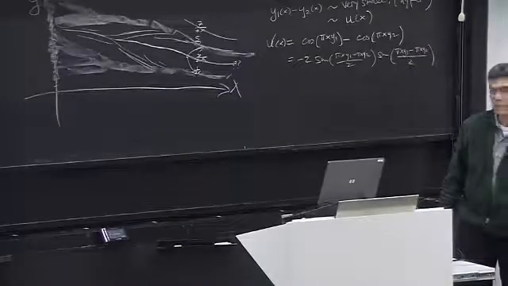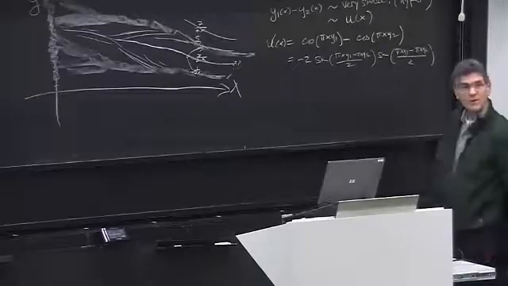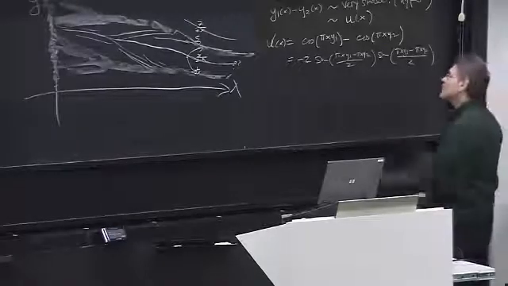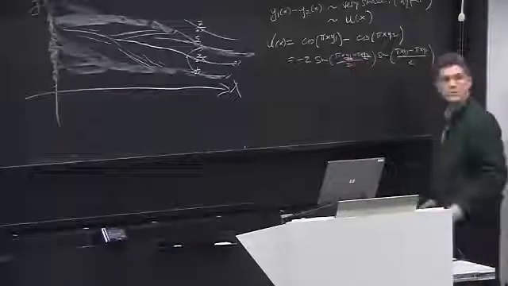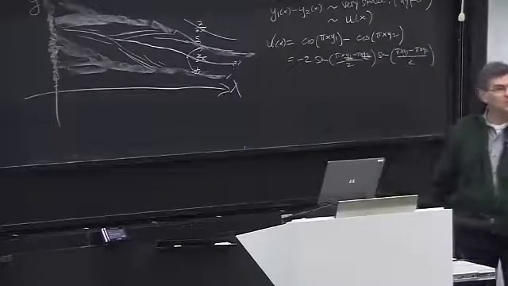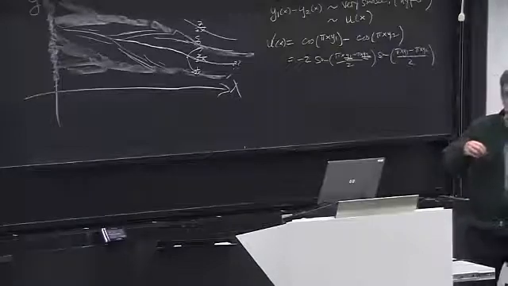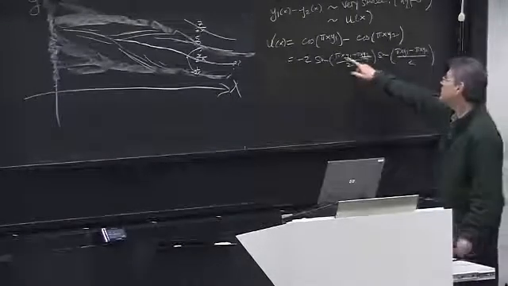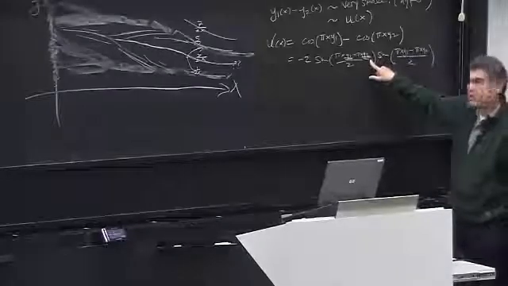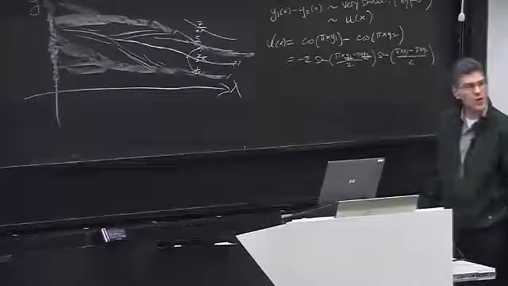Okay? Now, for large x, what's the difference between y1 and y2? There isn't any difference. The only difference would be at the hyperasymptotic level. So y1 is the same as y2. And we know how y1 behaves for large x.